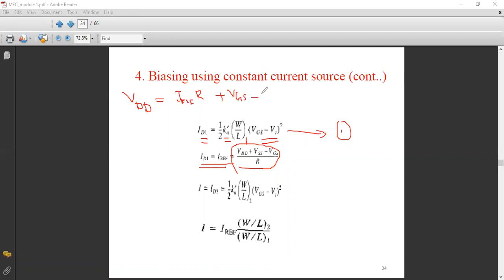And finally, minus VSS, which is the power supply connected at the source terminal. So these are the three components. From this, you calculate the value of I reference. After rearranging, you will get I reference as (VDD plus VSS minus VGS) whole divided by R, which I have written here. Okay.